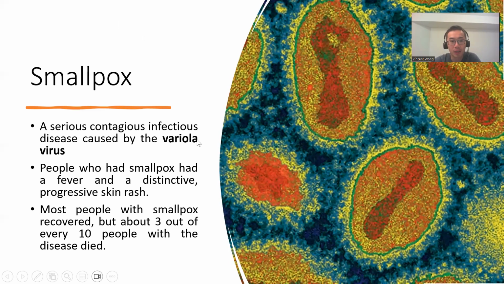the variola virus. People who have smallpox would have a fever. They would have a very distinctive rash that would slowly spread throughout the body. Most people will recover from smallpox, but about 30% of those infected will actually die.